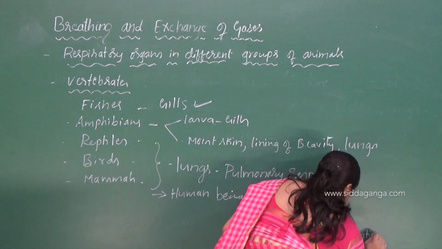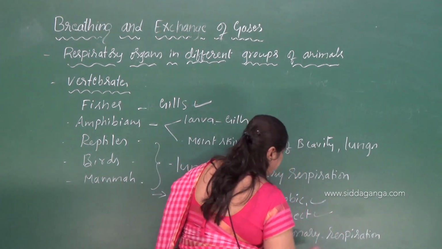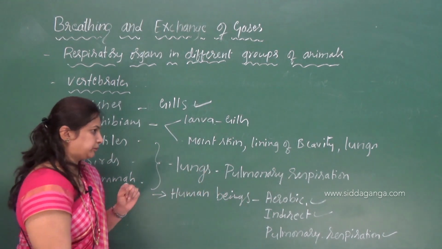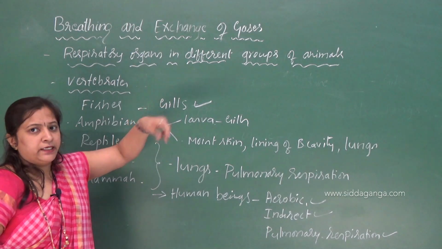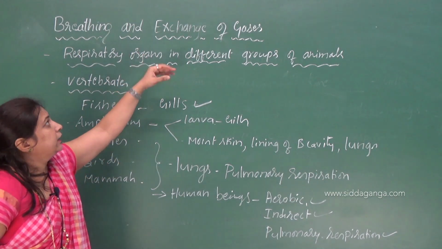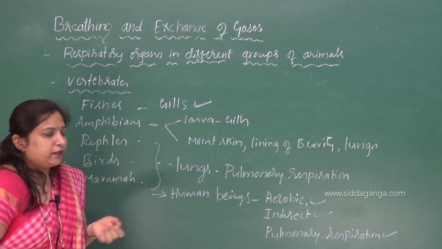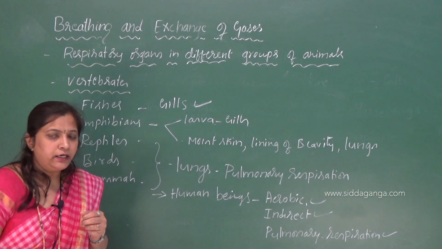So in human beings, the type of respiration is aerobic, indirect and pulmonary. Okay. So this is the basics regarding breathing and exchange of gases. In the next video, I am going to discuss the human respiratory system.